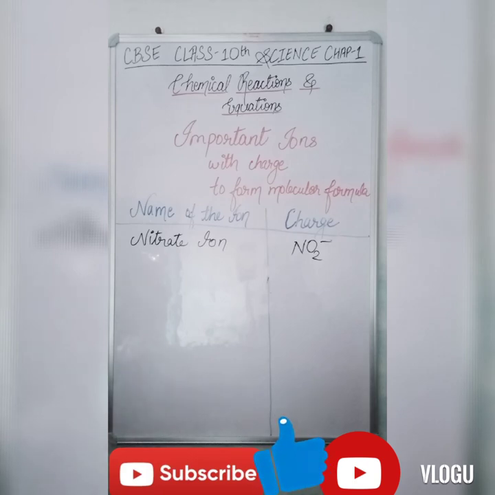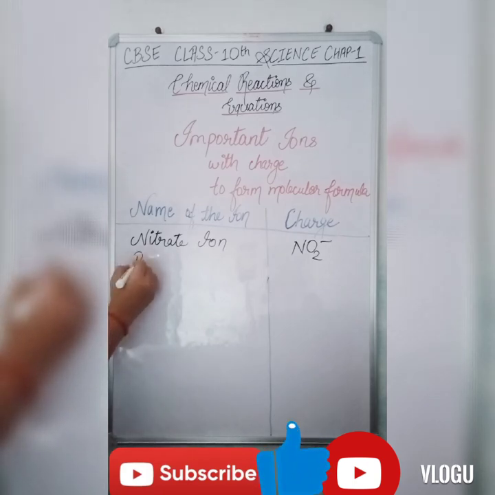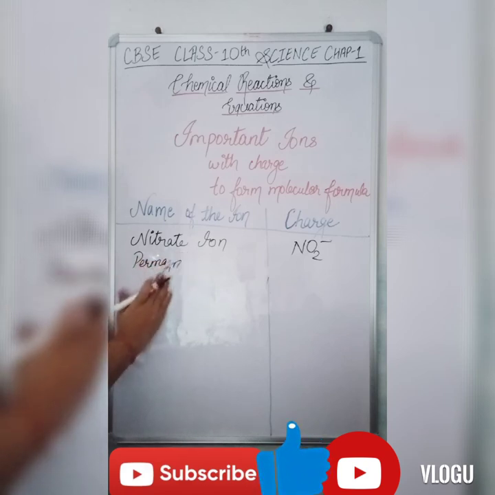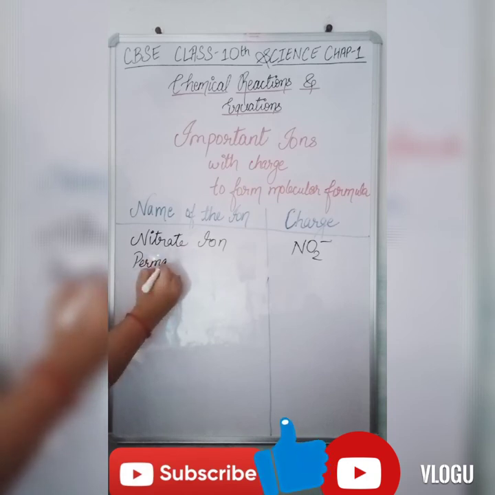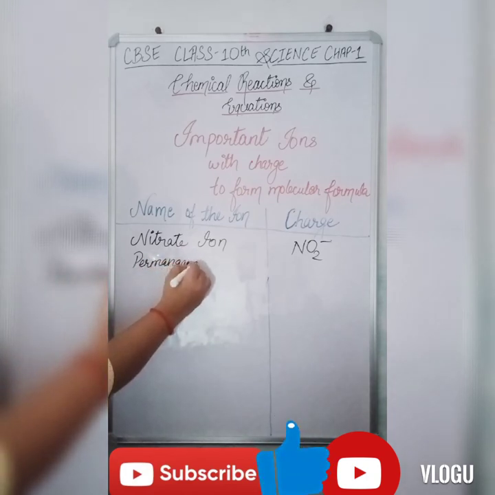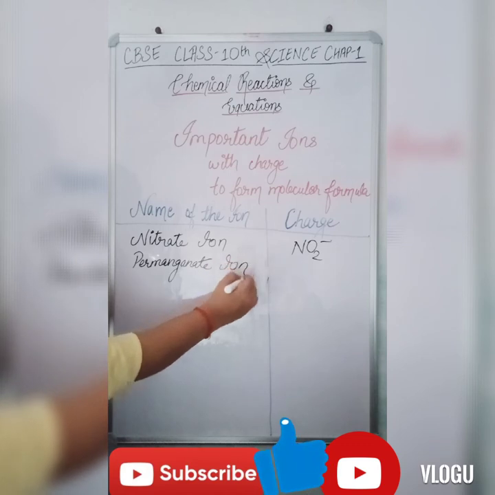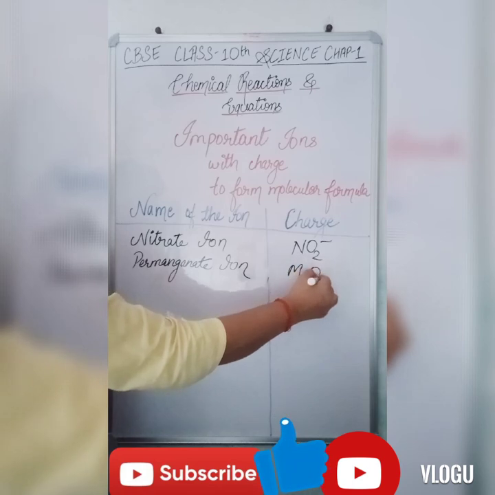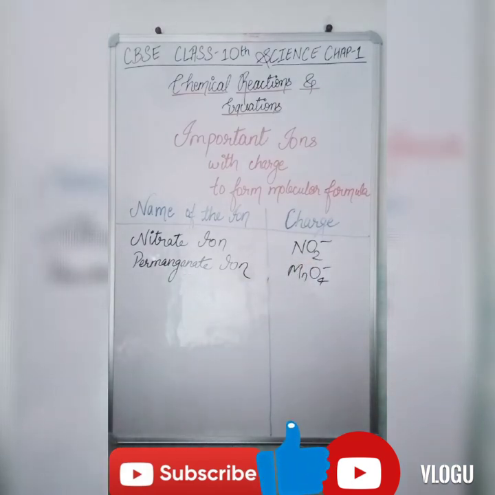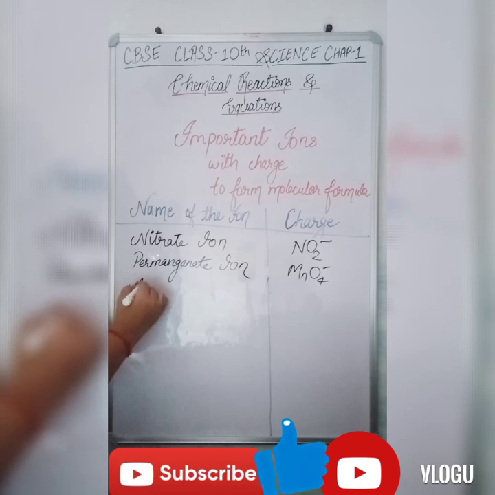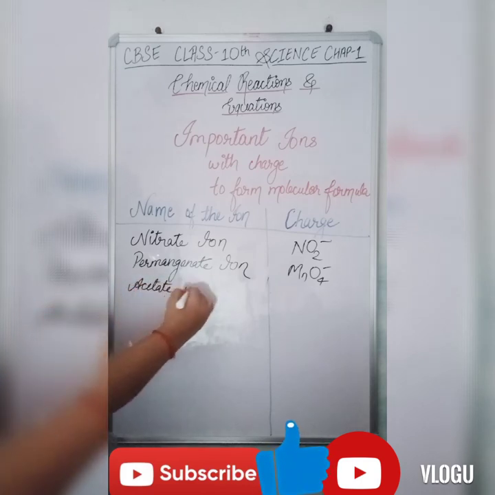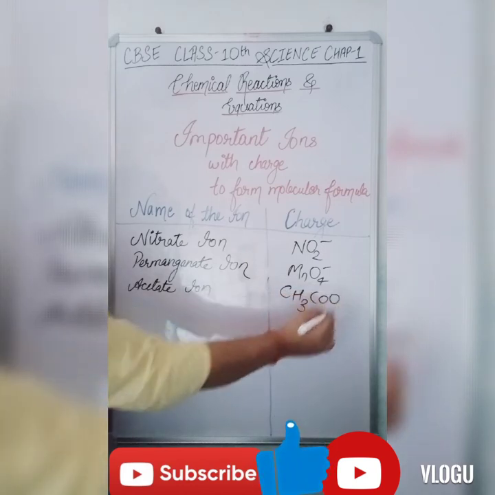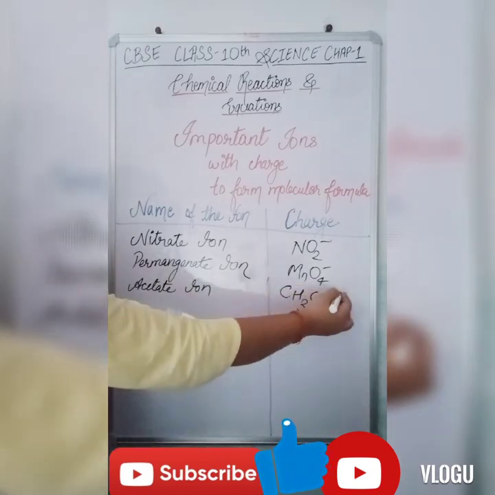Another is permanganate ion, MnO4 minus. Acetate ion, CH3COO minus.